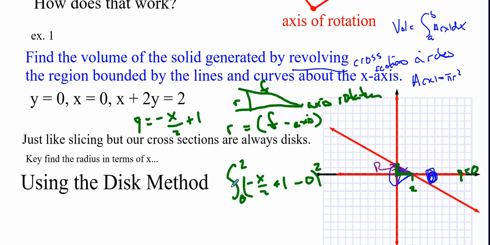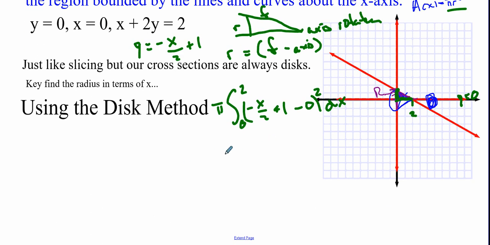We put our pi in front, because we're using this as our equation, and dx. If I simplify this a little bit more, we'll have pi times the integral from 0 to 2 of the quantity negative x divided by 2 plus 1, squared, dx. And that is how we get our value.